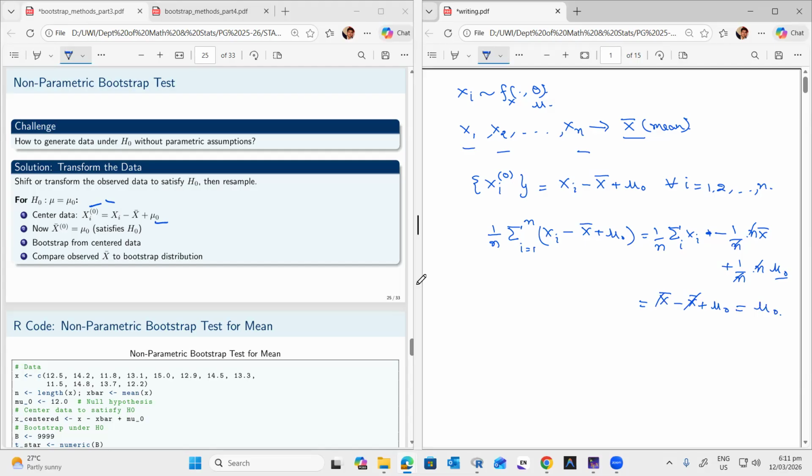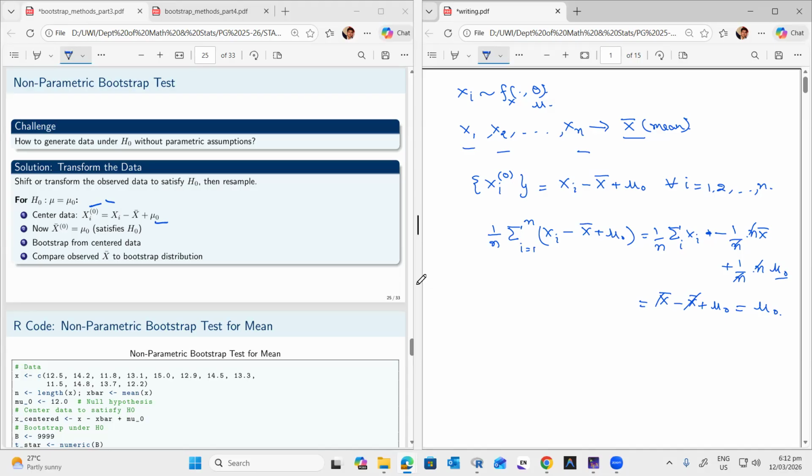So in the next step, we bootstrap from the centered data. We draw the bootstrap samples from this centered data, which simulates sampling from a population that satisfies the H naught. For each bootstrap sample, we compute the mean and the deviation from mu naught, and this provides the bootstrap null distribution of the test statistic.